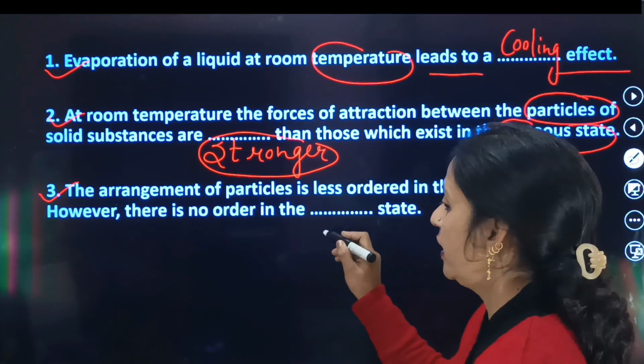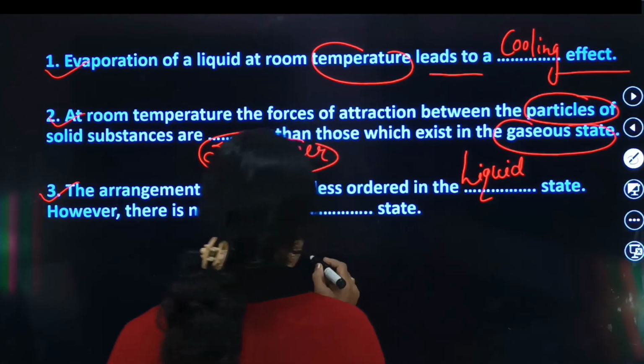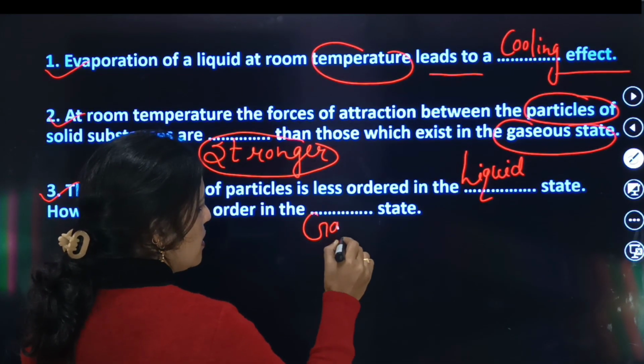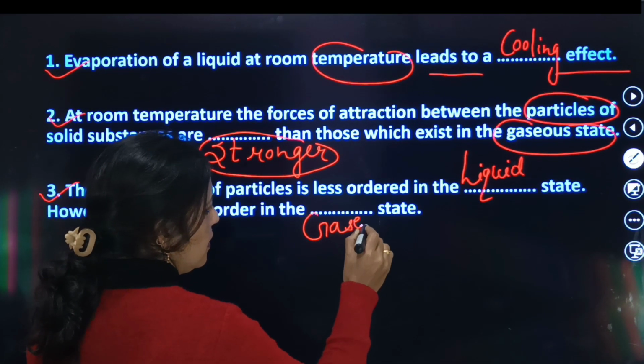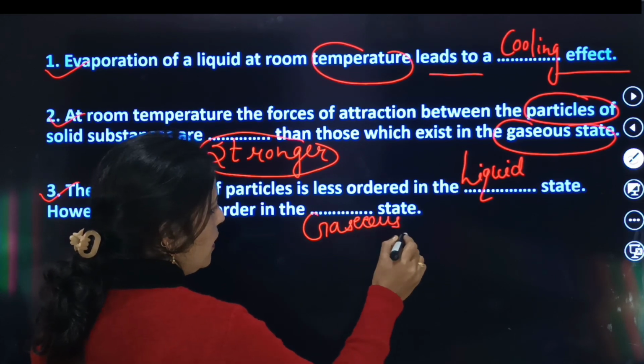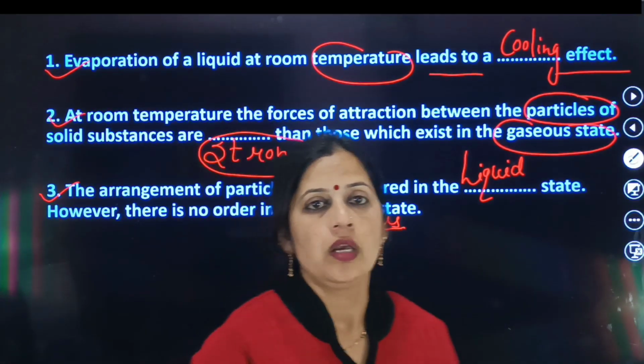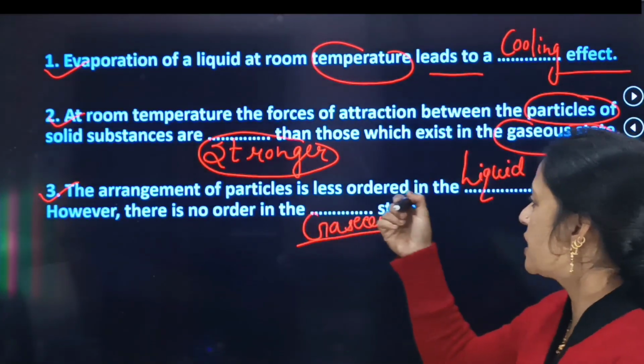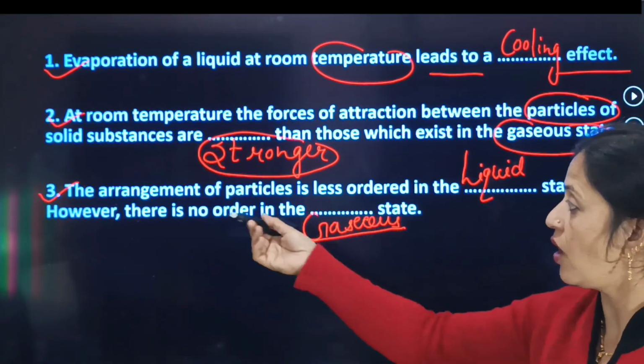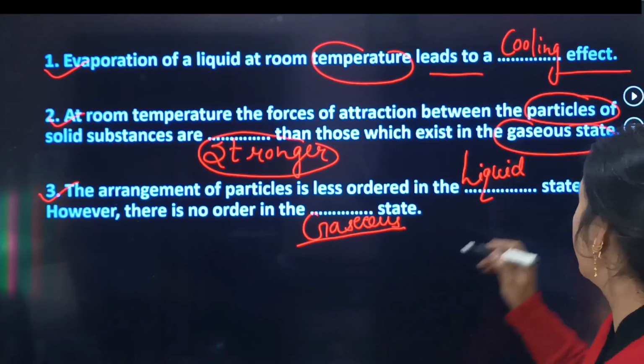However, there is no order in the gaseous state. So here the arrangement of the particles is less ordered in the liquid state. However, there is no order in the gaseous state.